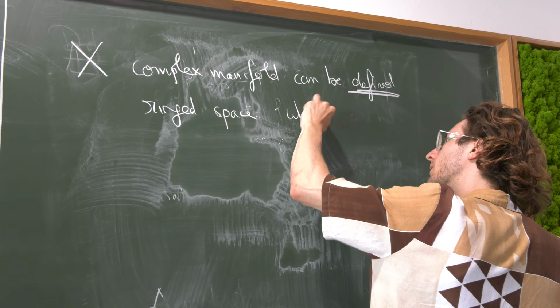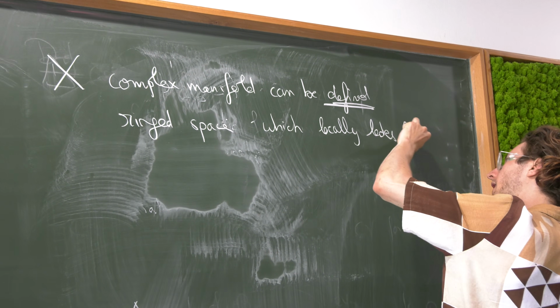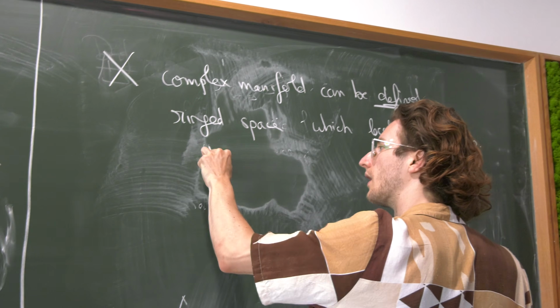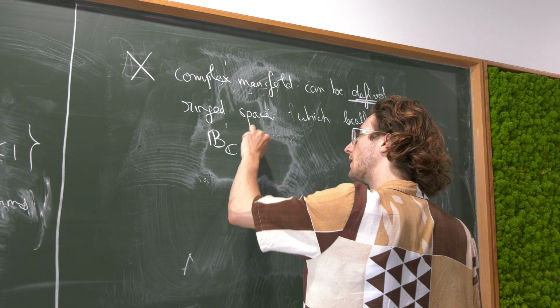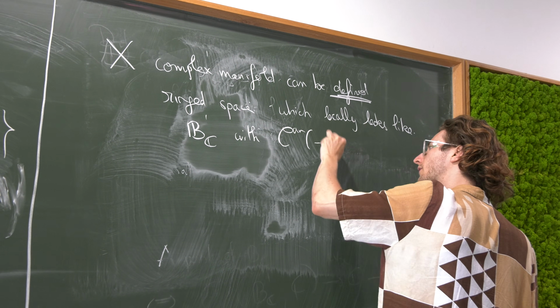Which locally looks like B1 of C with the analytic function sheaf of rings.